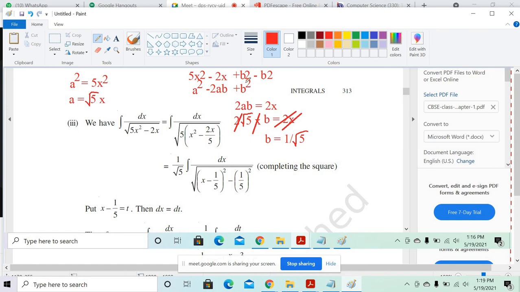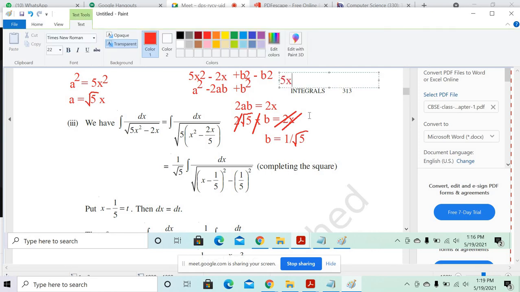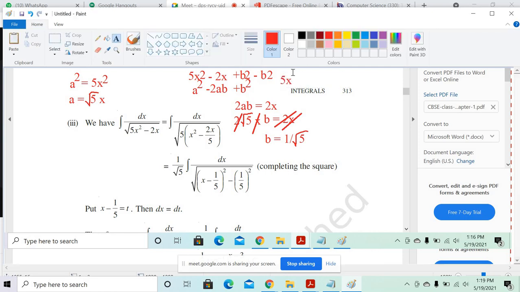B is equal to 1 by root 5. So I need to put here 1 by root 5 whole square minus 1 by root 5 whole square, correct? Yeah. So a square minus b square formula, right? So we'll put root 5x whole square, isn't it?